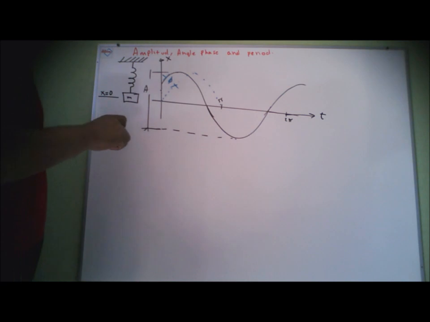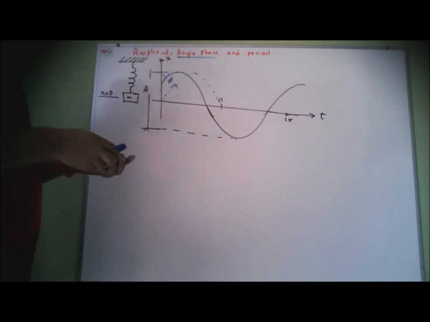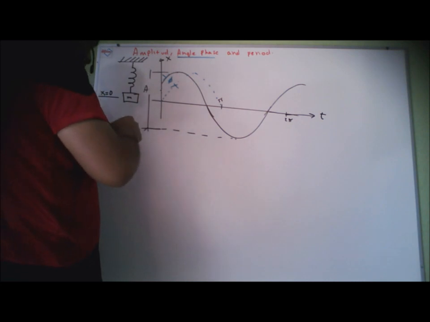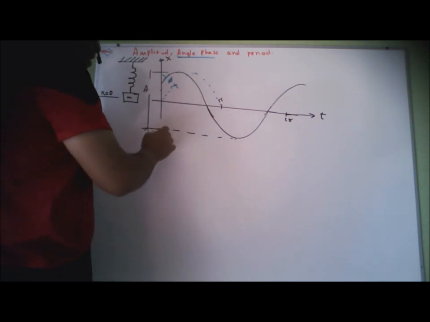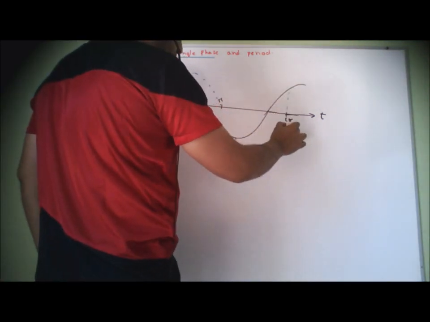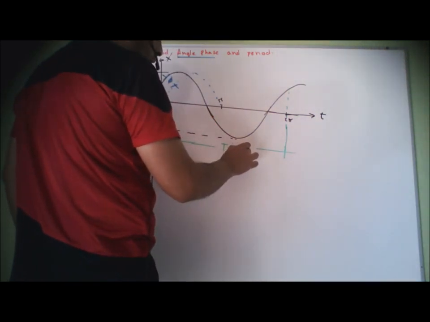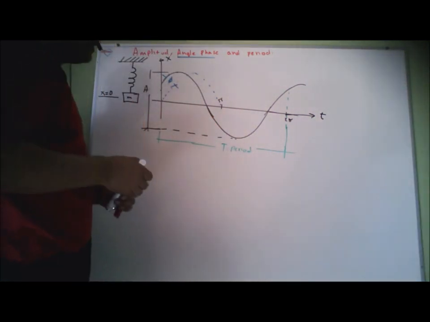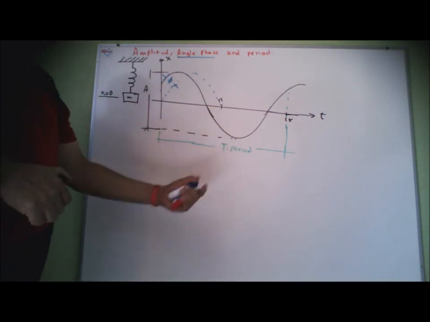So that is concept number 2, and this is the amplitude. The period is similar to the amplitude, but here the concept is this: the period is how much time it requires to make one single cycle. So that is the period T. As you can see, it's just like the amplitude but in time.